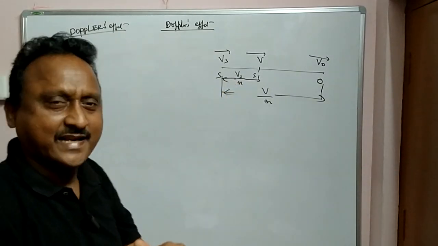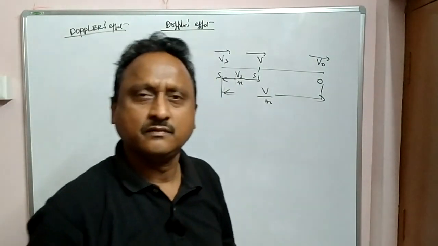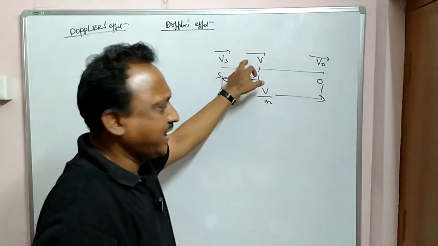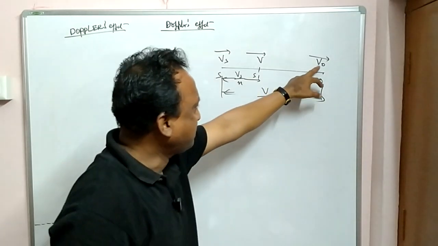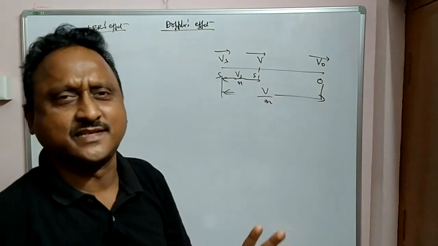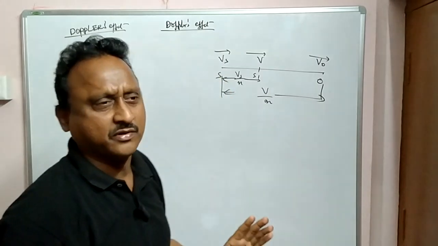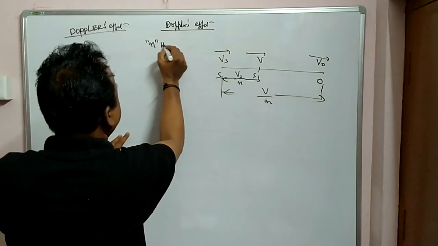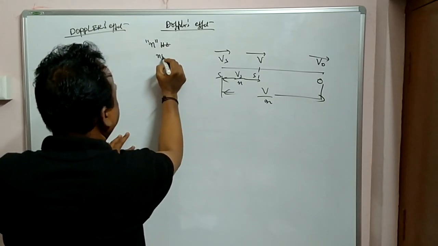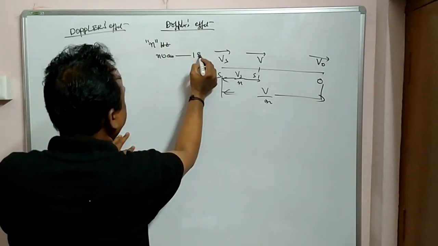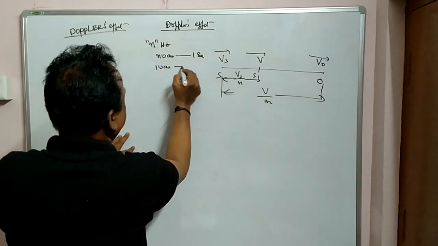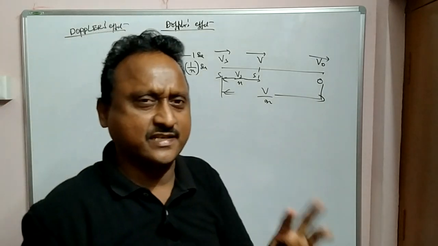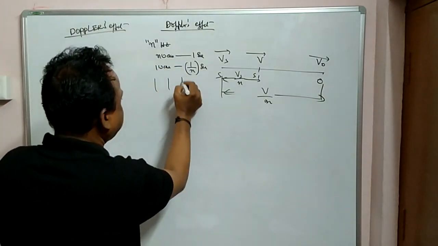Let the velocity of sound, the velocity of the source of sound, like any body, like a bus or any aeroplane making some sound, and the velocity of the observer, all be going in the same direction. Suppose three are going in the same direction. If n is the frequency of the sound produced in air, what does it mean? n waves are produced in 1 second, and one wave is produced in 1 by n seconds.